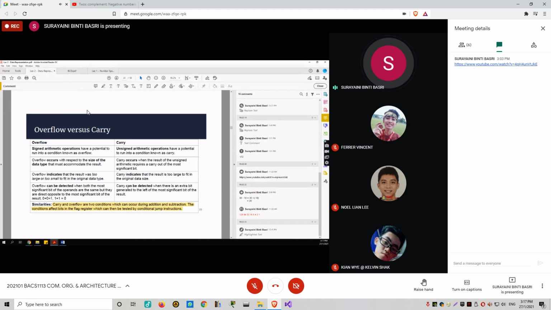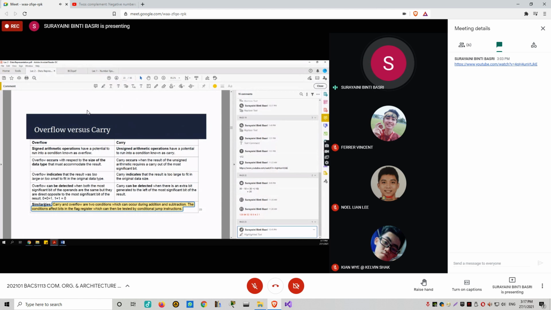Okay, so carry can be detected when there is an extra bit generated to the left of the most significant bit of the result. Actually, it is kind of similar, but they call it overflow if it happens in the signed arithmetic operation, and they will call it a carry when it happens in the unsigned arithmetic operation.